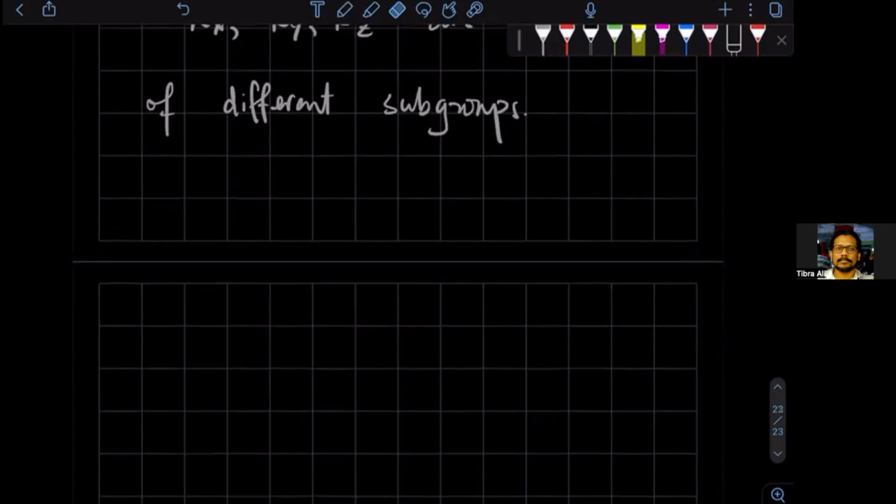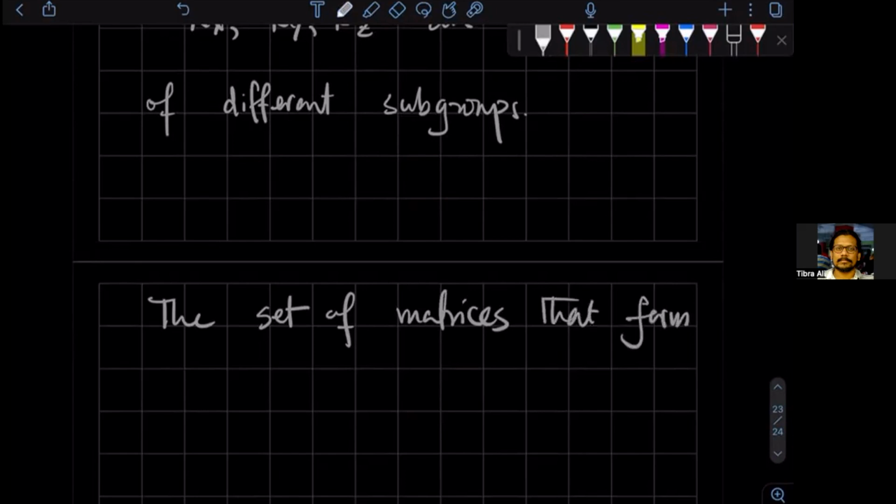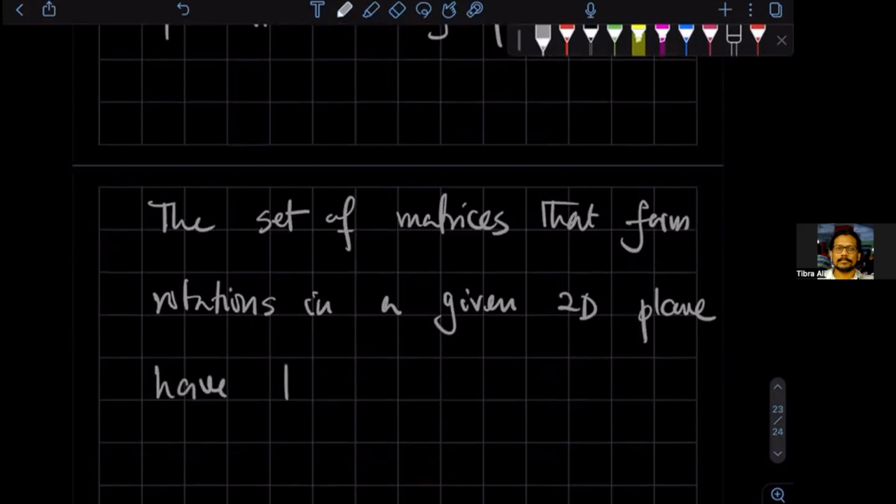Let me say it like this: the set of matrices that form rotations in a given 2D plane have the form.